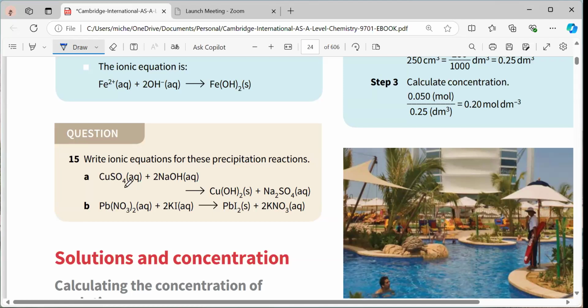Okay, so here we have copper sulfate. I'm going to check where copper belongs. Usually on the periodic table, I'm not sure if every periodic table has that, but the periodic table I have here is from a book.